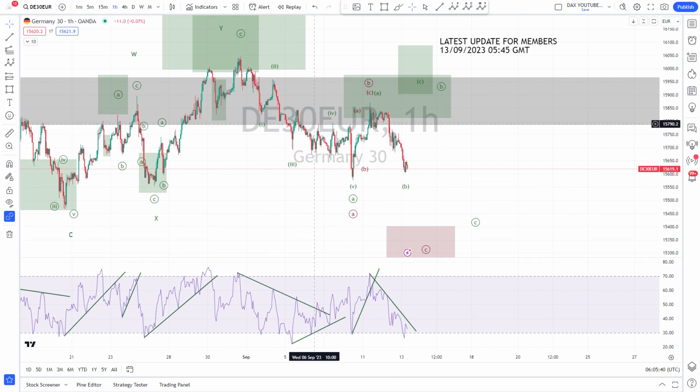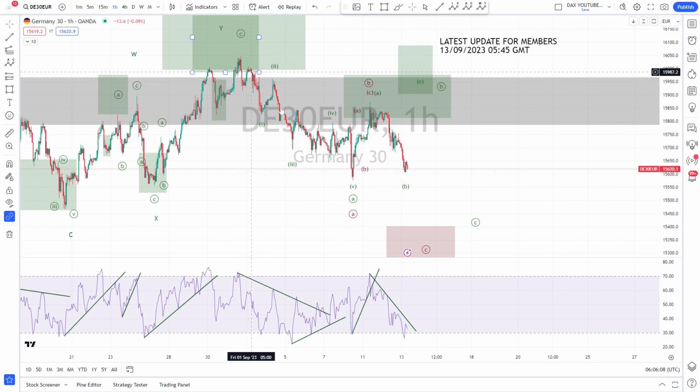Then I believe this could be a triangle as a wave 4, and then we had our wave 5 down here. So I took out the flat structure, although it's still possible. We will see later when we get more data what exactly it was here. But for now, it's not really important what happened in the past, I think.